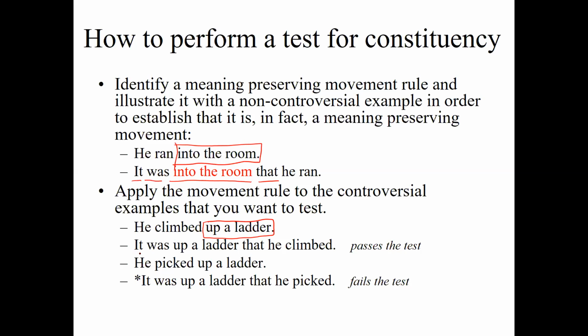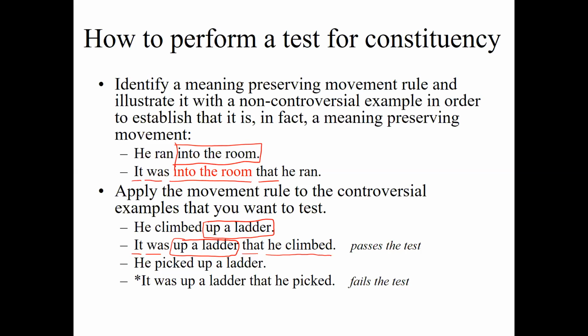I'm going to use the word "it" and the word "was," and then the piece that I chopped off, and then the word "that," and then the rest of the sentence, "he climbed." And I get, "It was up a ladder that he climbed." And that sentence is grammatical. So we're going to say that "up a ladder" passed the test for constituency.